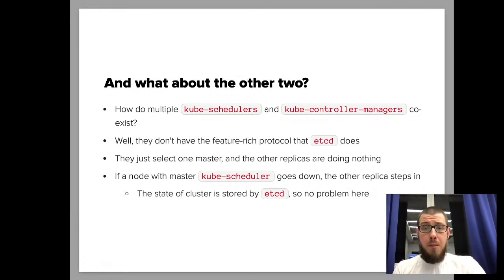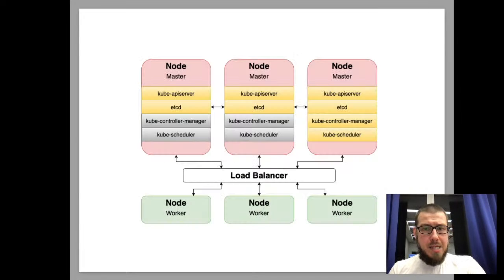So there is no problem if the node with the currently working kube scheduler goes down, or the node with the controller manager goes down. It's okay. So basically, once again, here is the highly available setup. Once again, we have only one controller manager and only one kube scheduler running, and we also have kubeAPI server and etcd.